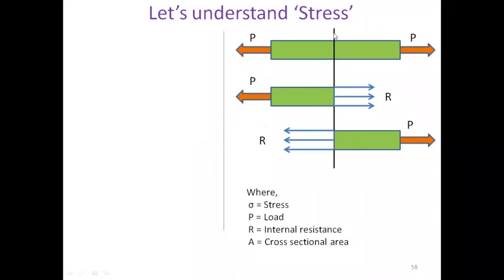Now we have drawn an imaginary section which is highlighted with a black line. A vertical section is drawn, and due to the section the green bar is cut into two pieces, the second image and the third image. Right? First focus on the second image.